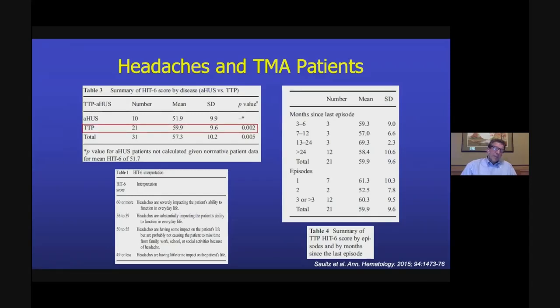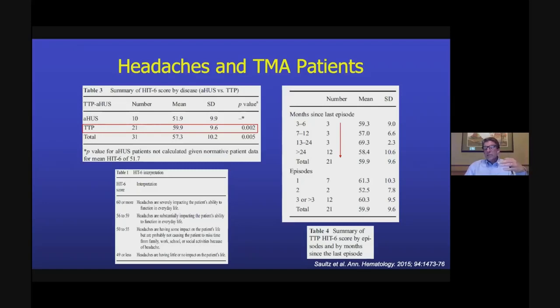And we studied patients with TTP as well as AHUS, which is a similar disorder in that they both get small clots in the smallest vessels, but how they occur is a little bit different. But you can see the patients with AHUS really had a normal HIT6 score, but patients with TTP had close to 60. So they were on average functioning in the range of the severely impacted patients.